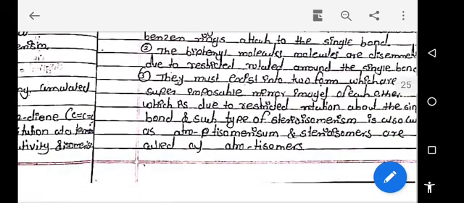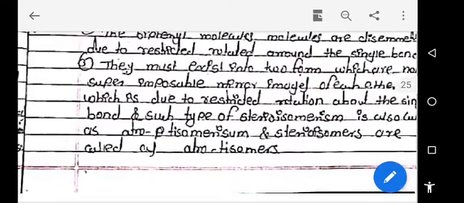They exist in two forms which are non-superimposable mirror images of each other, due to restricted rotation about the single bond, and such stereoisomers are also called atropisomers.